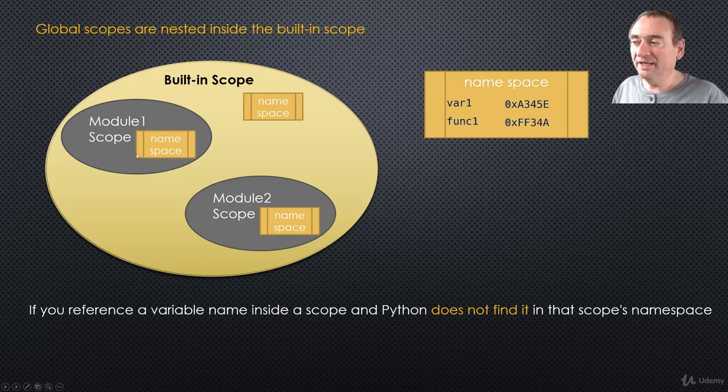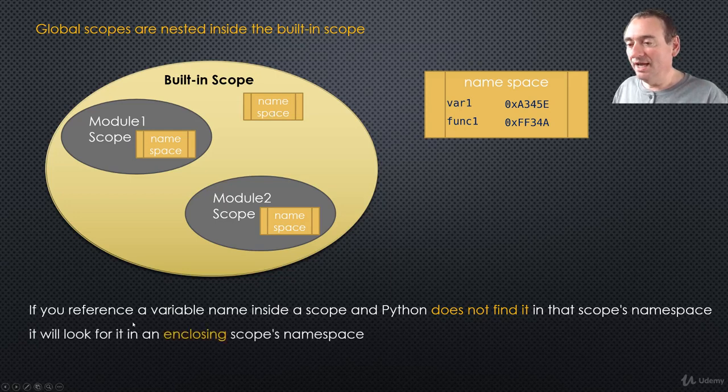Well, if it doesn't find true inside your module 1's namespace, it's going to then go up into the enclosing namespace, which in this case is the built-in scope namespace, and it's going to look for it in there. And if it finds it, great, right? So that's how Python works. It always looks at the current scope, and if it can't find the binding, it starts looking outwards at enclosing scopes.